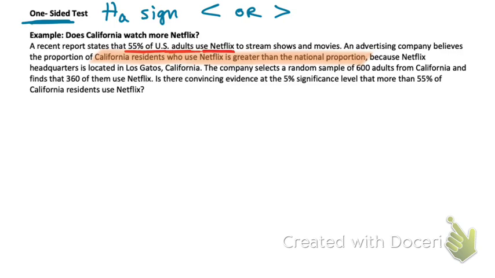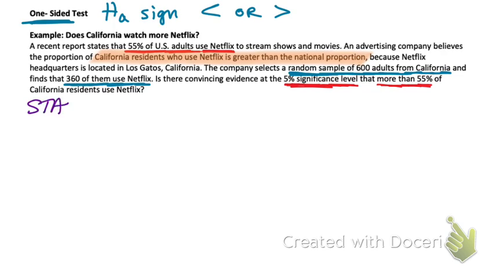The company selects a random sample of 600 adults from California and finds that 360 of them use Netflix. Is there convincing evidence at a 5% significance level that more than 55% of California residents use Netflix?